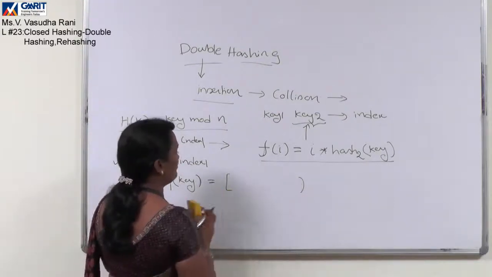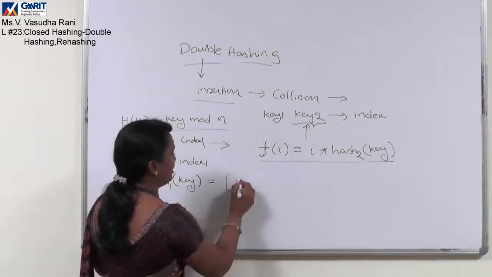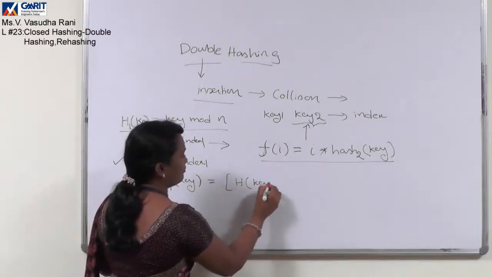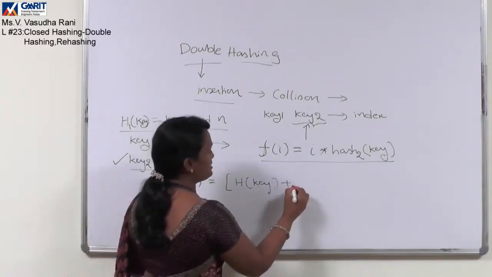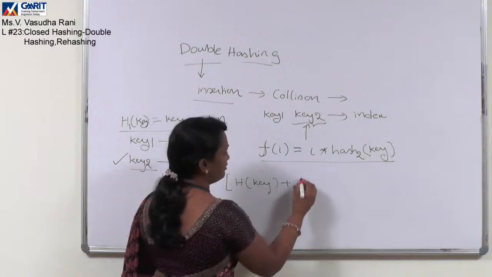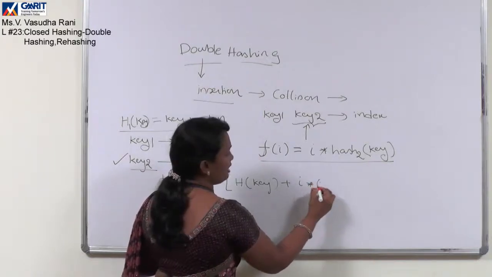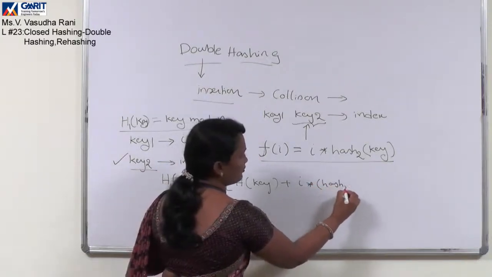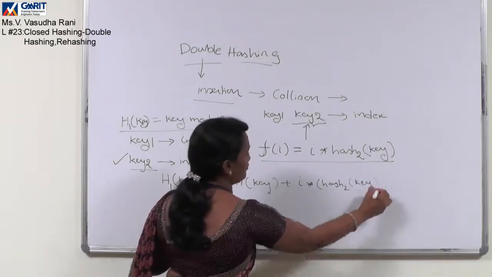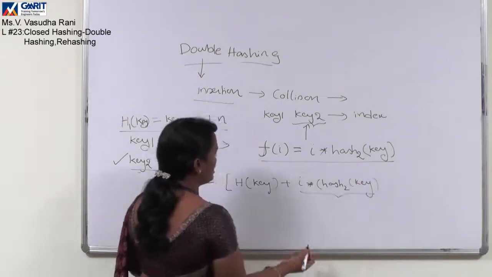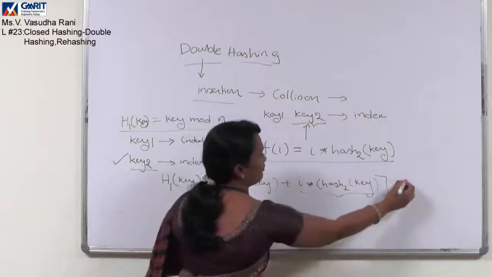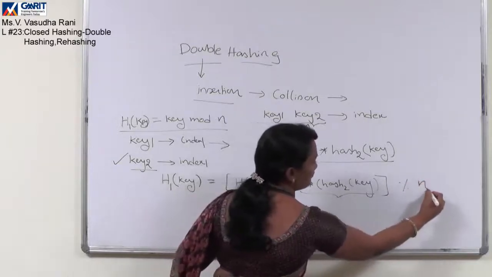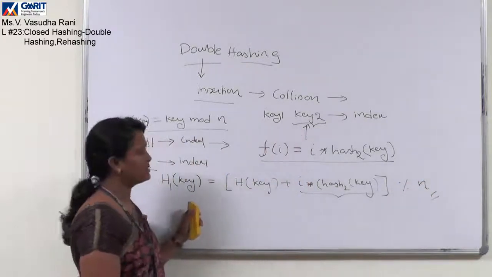This is h of key plus this f of i, which is i multiplied with hash 2 of key, and this whole thing modulo your table size.